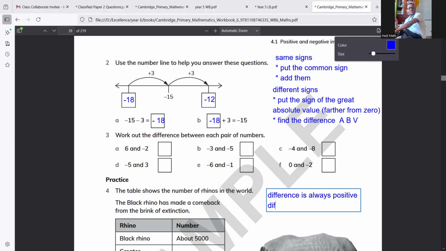Other thing, difference equals the highest or the larger number minus the lowest. It is equal to the highest minus what? Minus the lowest.